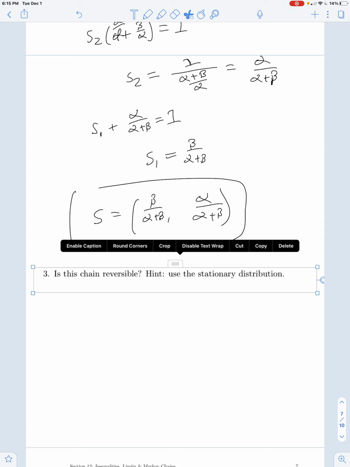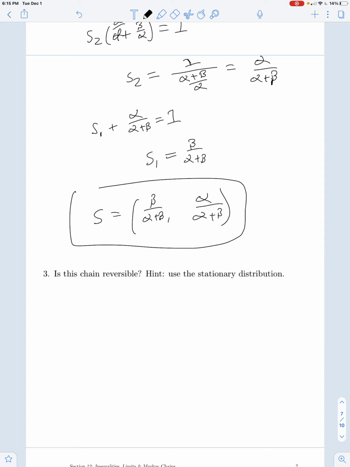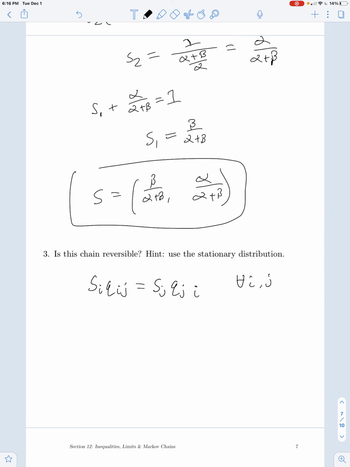So when I'm trying to show reversibility and I already know what the stationary distribution is, I want to show reversibility with respect to that stationary distribution. So what I need to show in order to show reversibility are the detailed balance equations, which is that the following is true for all i and j.